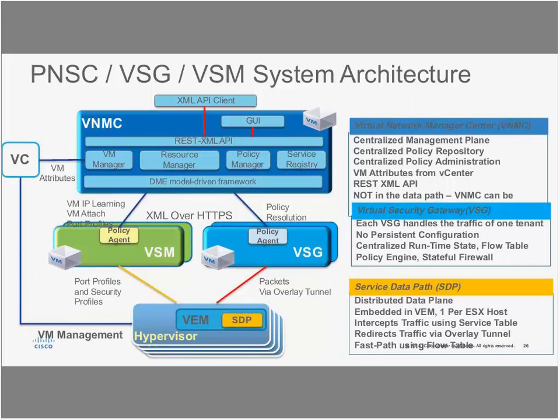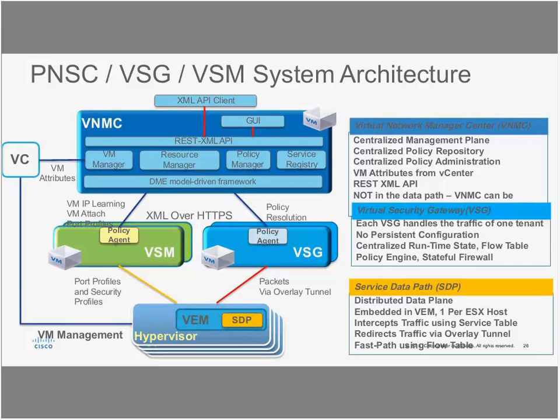This is the logical overview of which internal components of PNSC talk with which components of the other partners of PNSC, such as vCenter, VSM, VSG, and hypervisor. So vNMC or PNSC will take the VM attributes from the virtual manager, configure the table for those virtual machines.